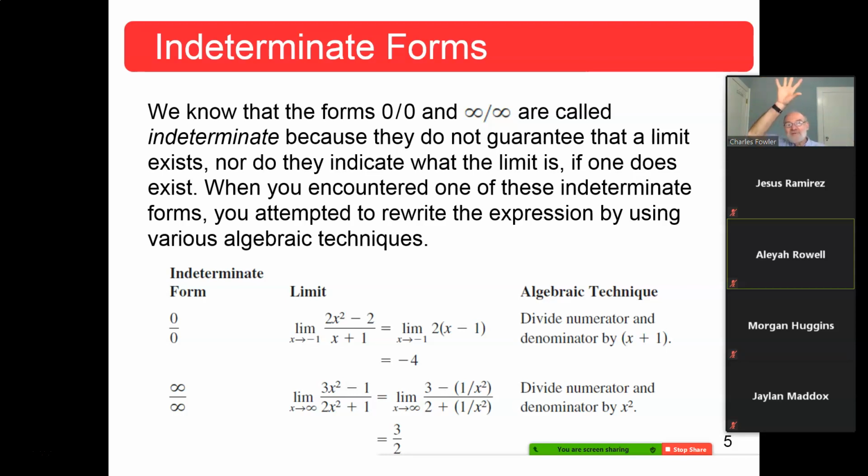But if the top infinity is a slower growing infinity than the lower infinity, then that limit may be 0. So we don't know, okay? Those are indeterminate because they do not guarantee that a limit exists, nor do they indicate what that limit is, if one does exist.